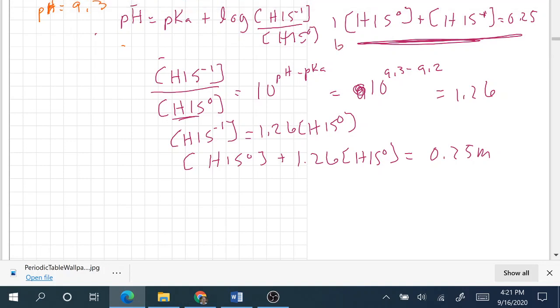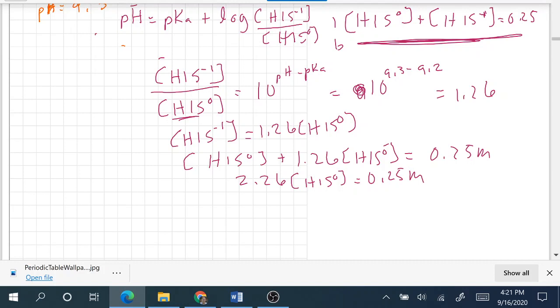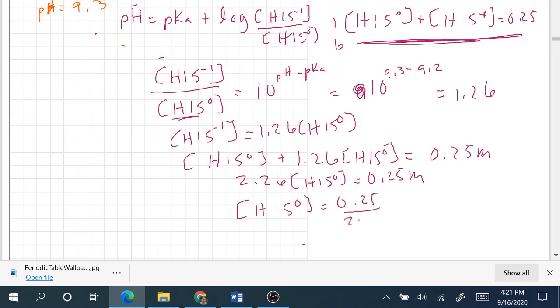Okay, so we've got 2.26 times His 0 is equal to 0.25 molar. So His 0 is equal to 0.25 over 2.26 is equal to 0.111.